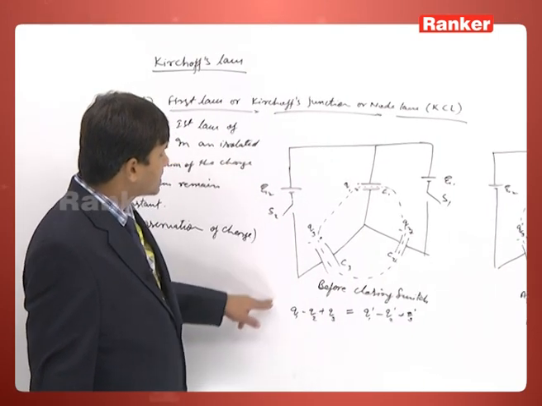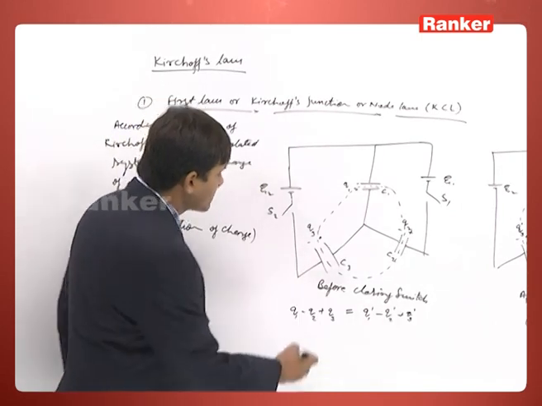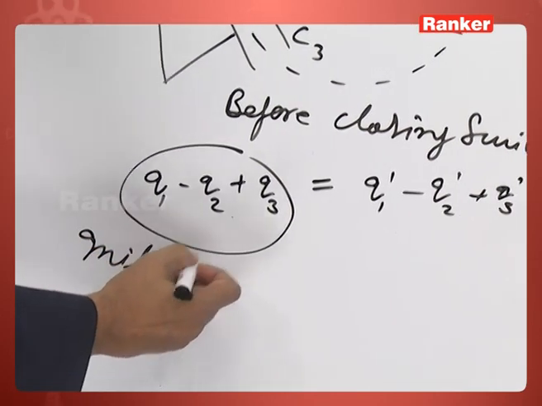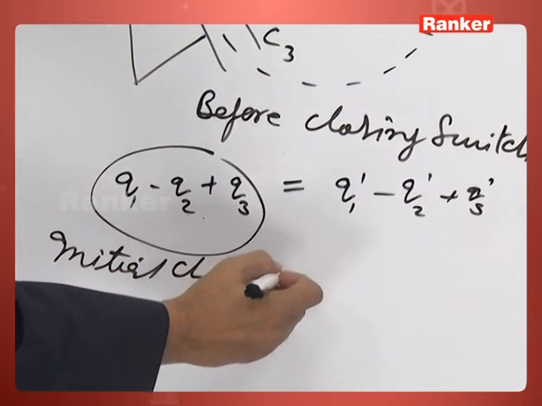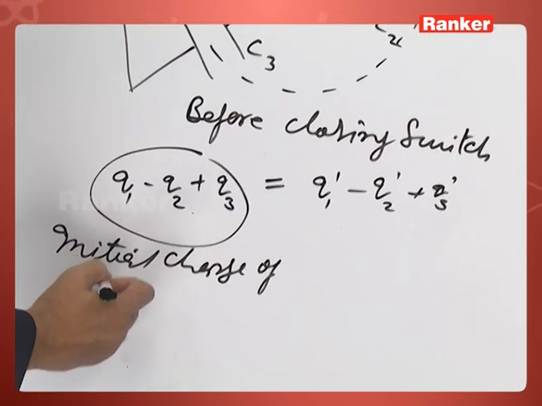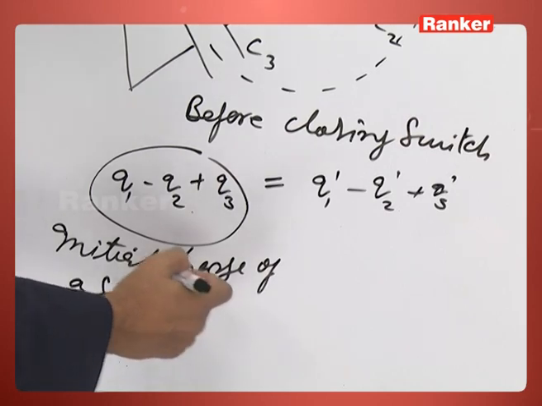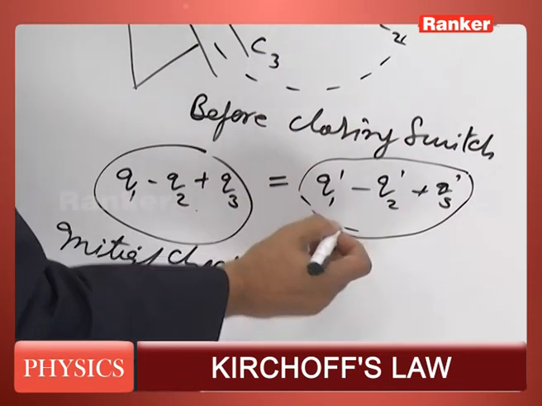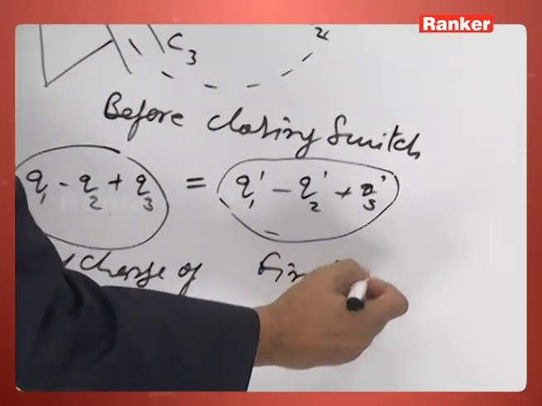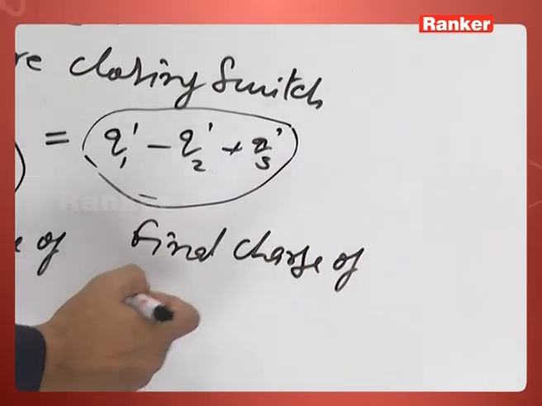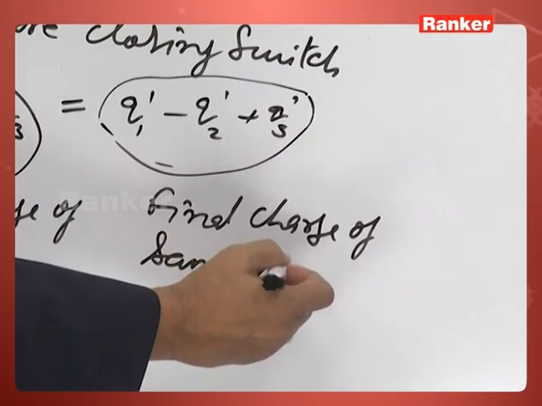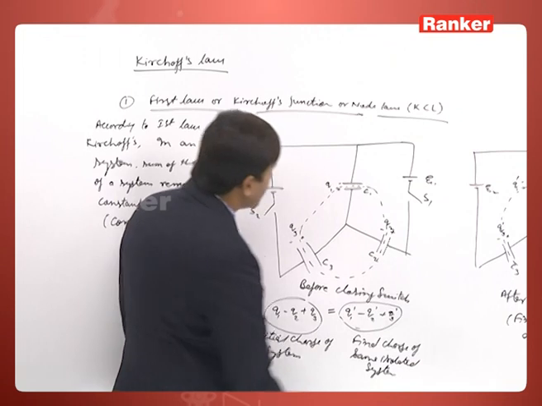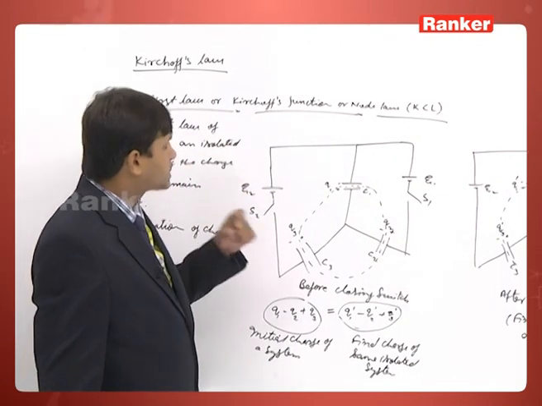The initial charge of a system is equal to the final charge of the same isolated system. So this is called conservation of charge or the first law of Kirchoff.